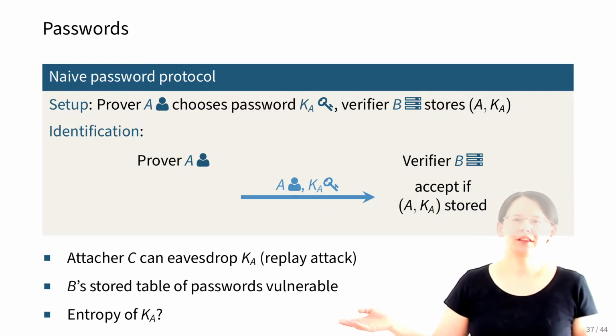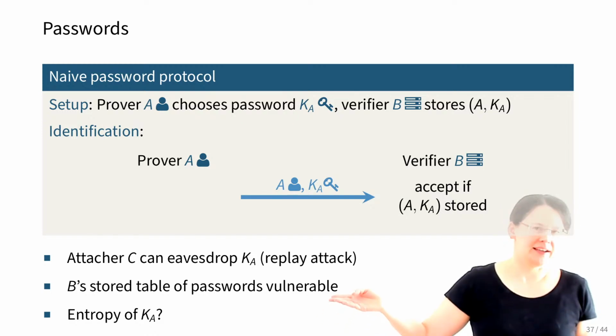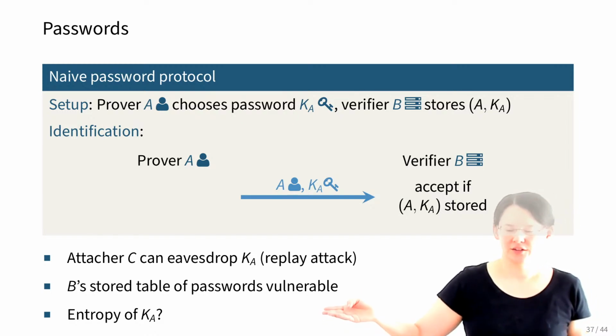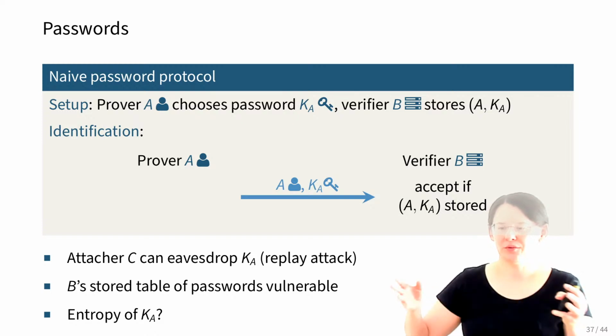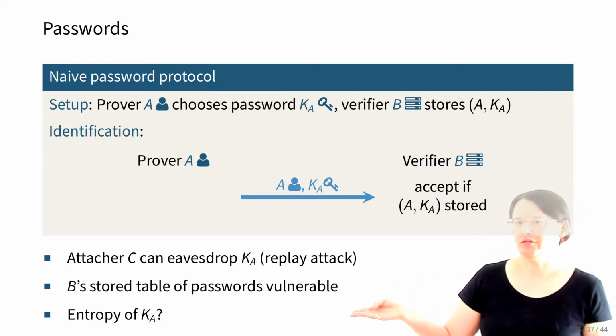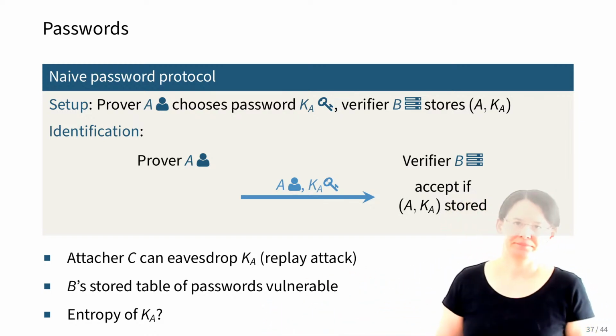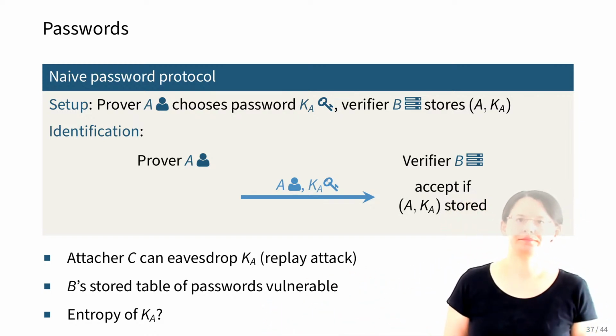And of course there is another problem which is common to all password-based schemes, and that is that the entropy of passwords, so their actual amount of security or their secret bits, is often relatively low. We will revisit this concept of entropy next week when we talk about keys in general.